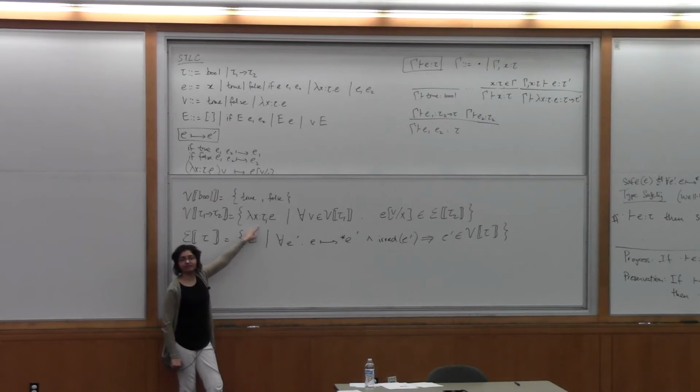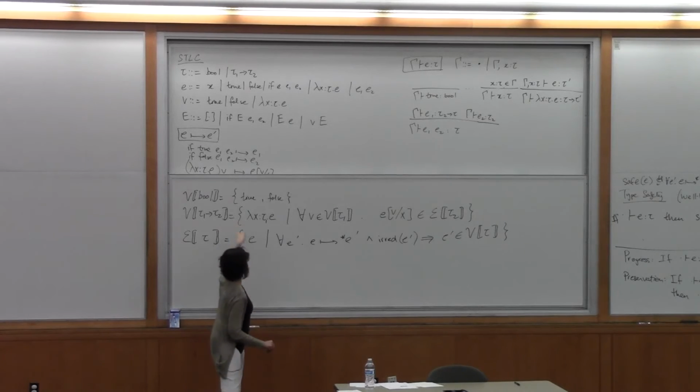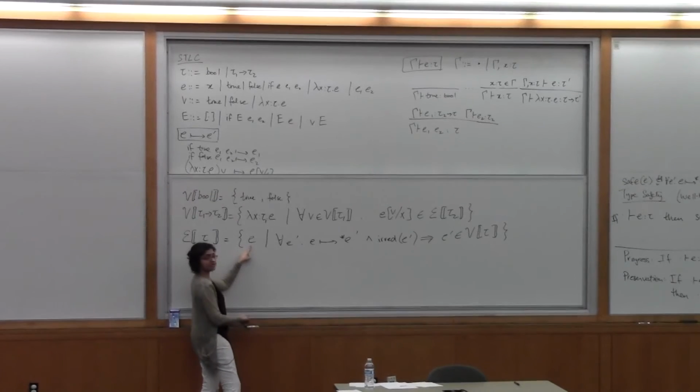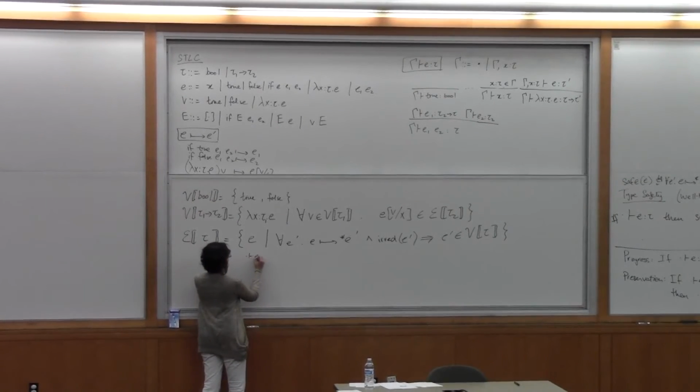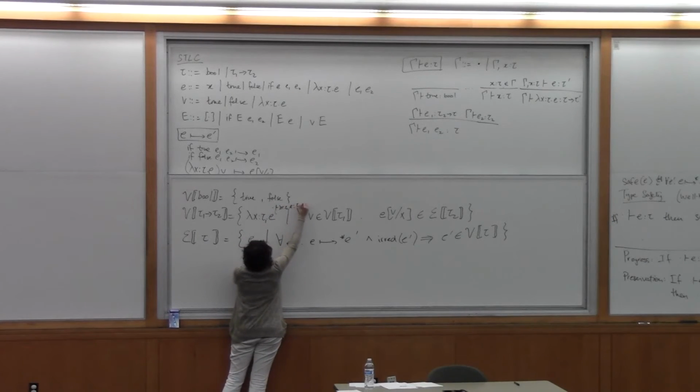I'll come back to this issue later, because you can often build logical relations where you say we're building the relation out of well-typed values, which means that you always require that if I'm putting e here, then it must be the case that e is a closed term of type tau. If I put a v here, then it must be the case that this thing is a closed lambda of type tau 1 to tau 2.